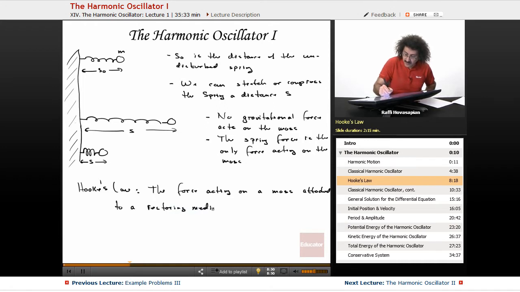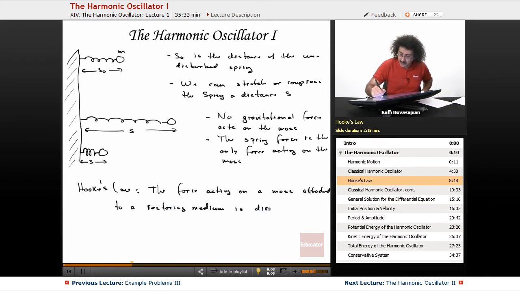In this particular case, the restoring medium is the spring. It could be something else. It could be a rubber band. Anything that, as you pull it, tries to pull it back. As you push it, it tries to push it back. Restores it back to its equilibrium position.